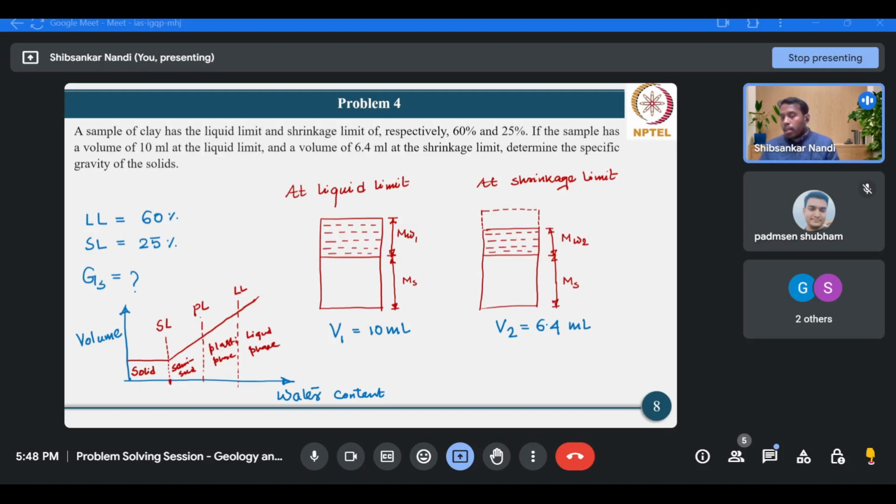Now what is plastic limit? This is the water content at which the consistency changes from plastic phase to semi-solid phase. What is shrinkage limit? The water content at which the consistency changes from semi-solid phase to solid phase. So these limits are nothing but water content of the soil sample. So we'll first define the mass of soil solids.